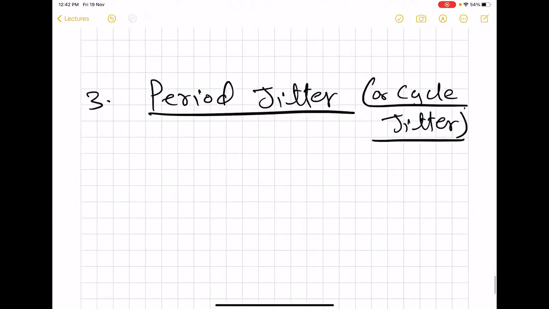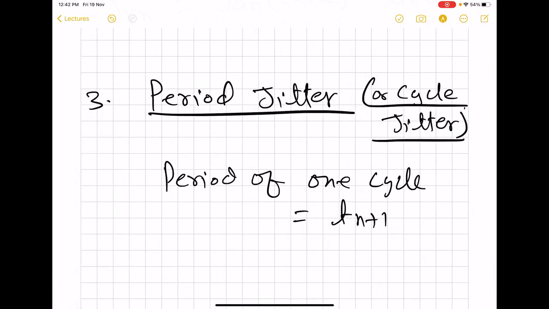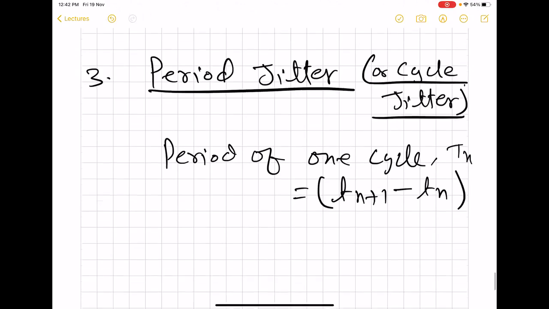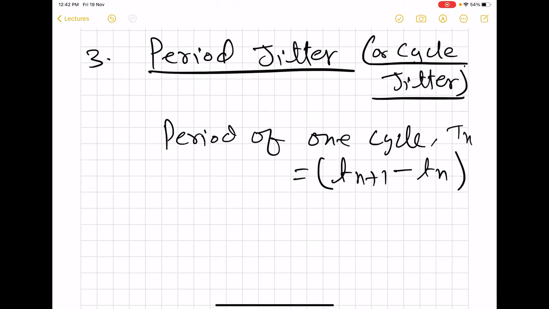First, we calculate the period of one cycle. Say we take n plus 1th rising edge and from it subtract the nth rising edge. So this will give the period. We can call it the nth period also. So now we see what is the difference between this period and the ideal period.